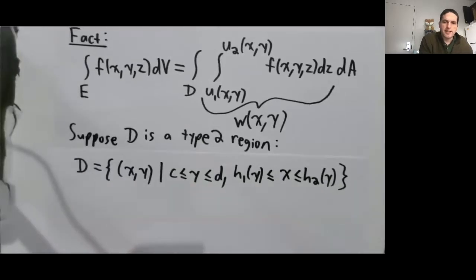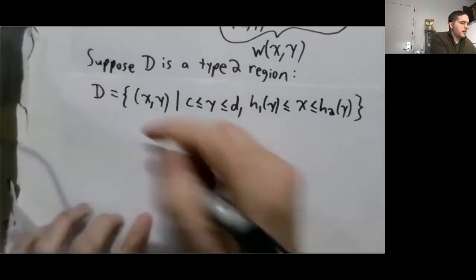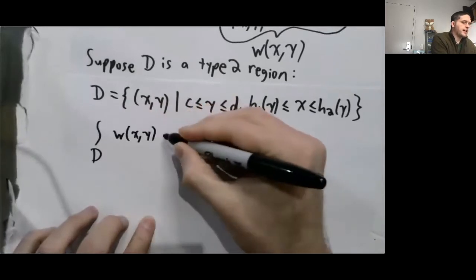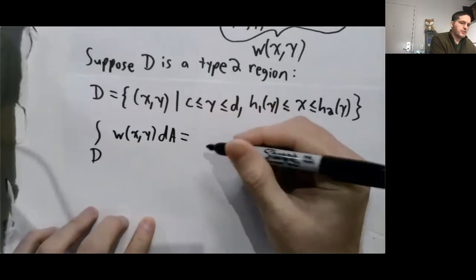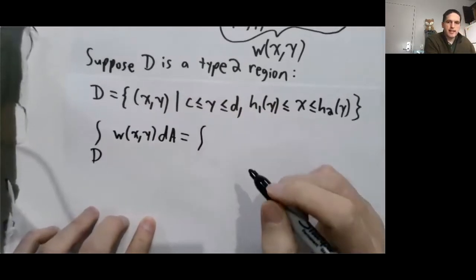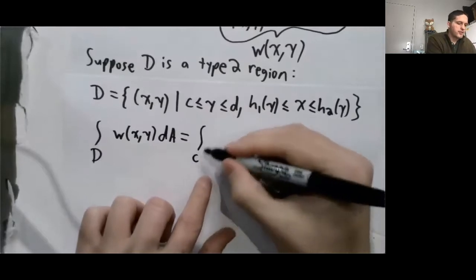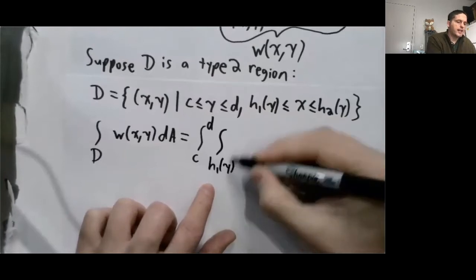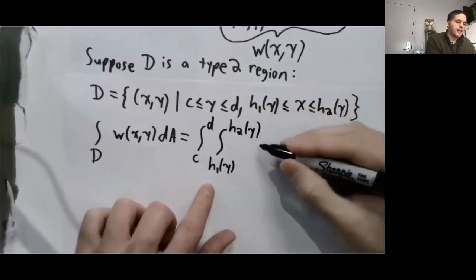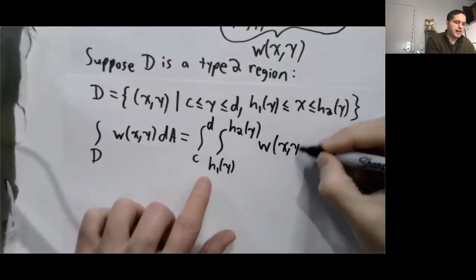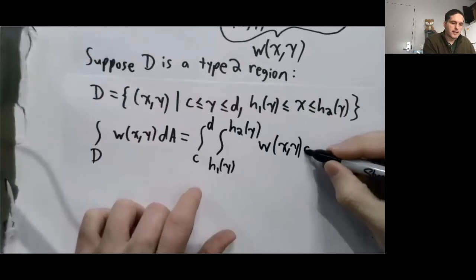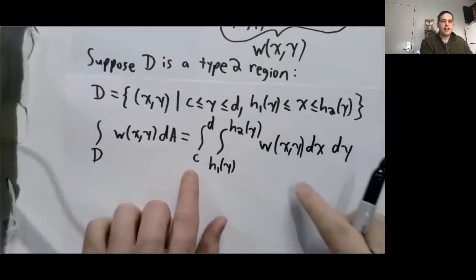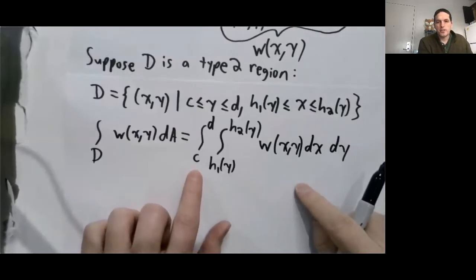In this case, the integral over D of w of x, y dA is equal to, and now with a type 2 region, the outer integral goes from C to D, and the inner integral goes from h1 of y to h2 of y, and we're integrating w of x, y. The inner integral is now with respect to x, and the outer integral is with respect to y. This is how we integrate over a type 2 region in the plane.